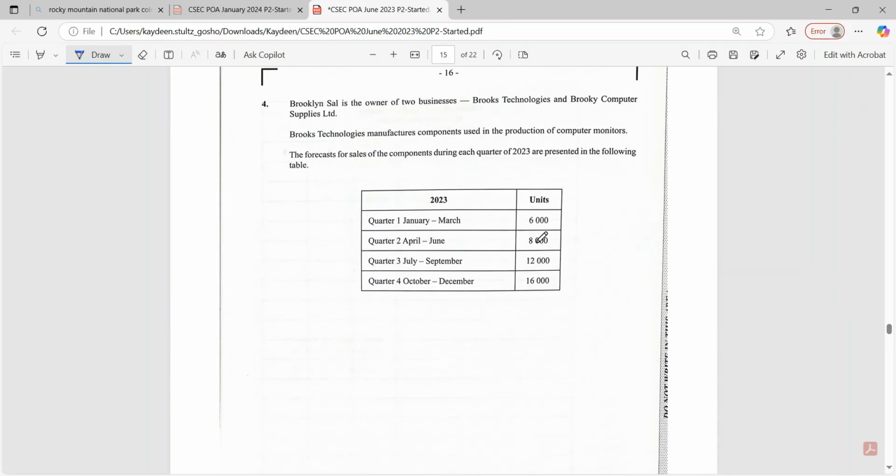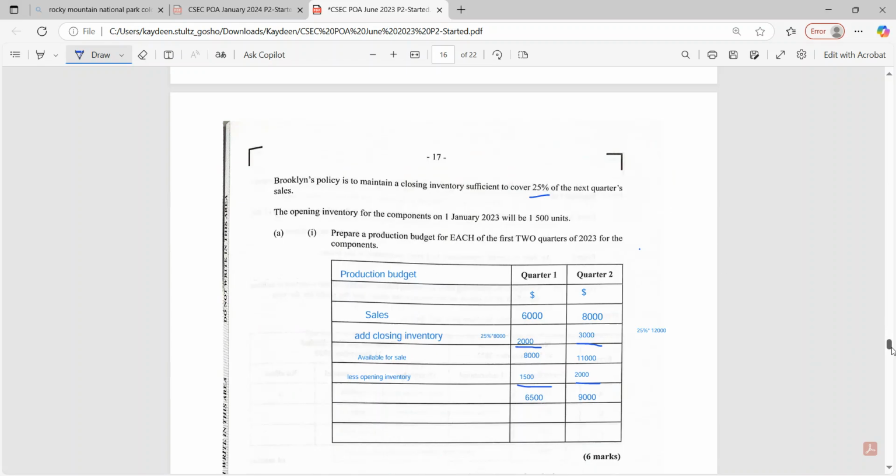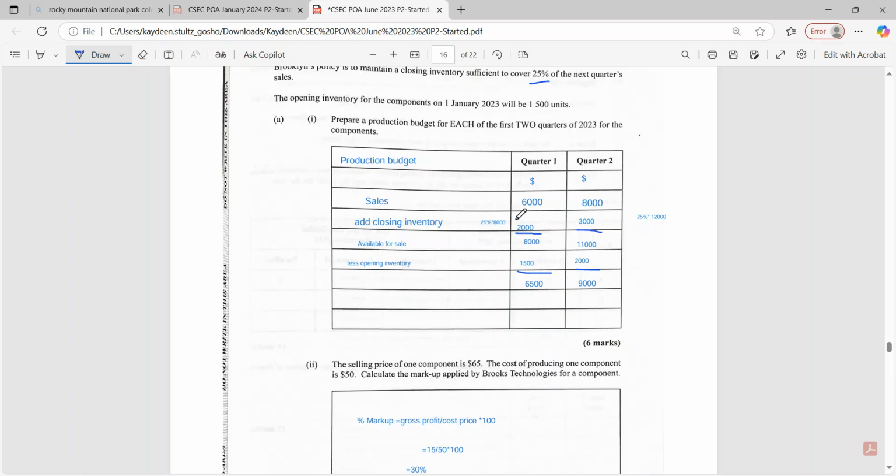So for the first quarter, we're going to find 25% of 8,000. For the second quarter, we're going to find 25% of 12,000. So 25% of 8,000, if you put that in your calculator, you should get 2,000. 25% of 12,000 should be 3,000.